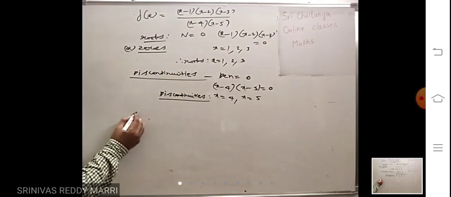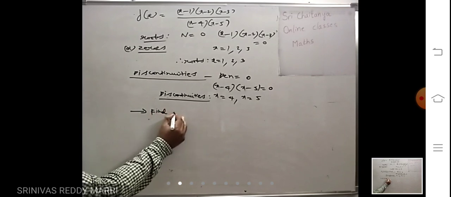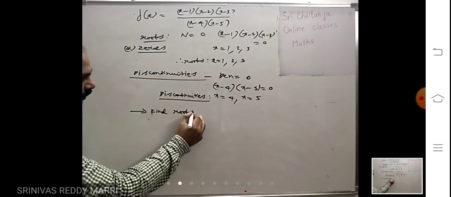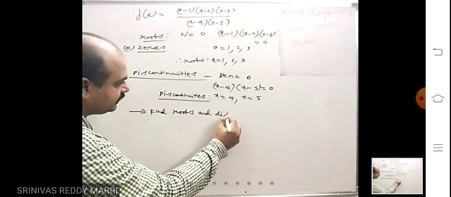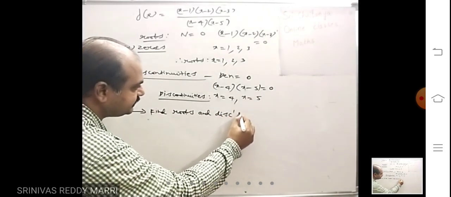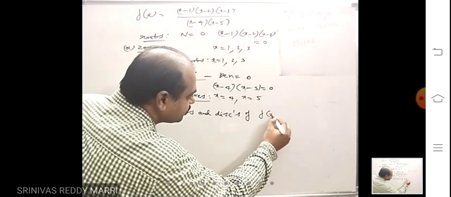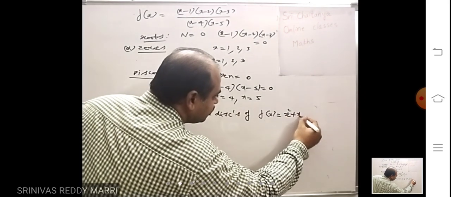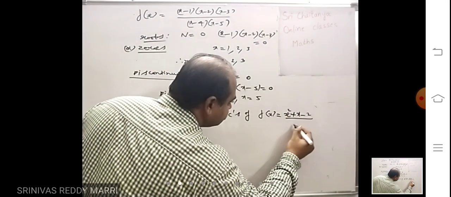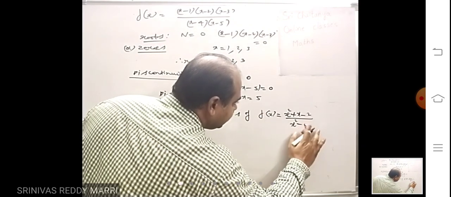So suppose you find roots and discontinuities of, suppose I am giving one more question, x square plus x minus 2 divided by x square minus 9.